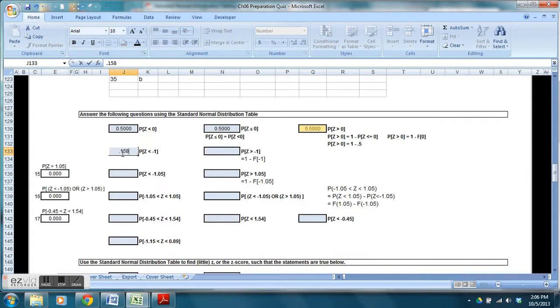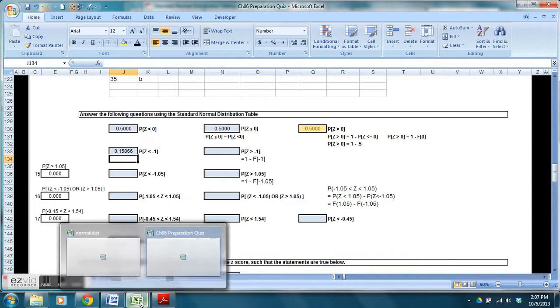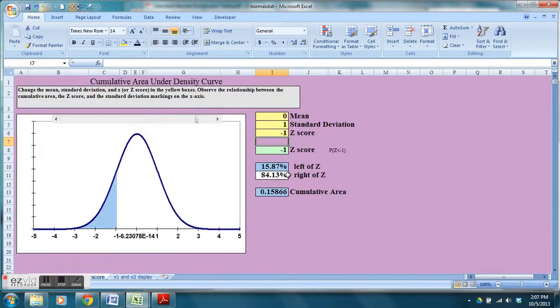That's what the table shows, and we can double check by cheating, looking at this, 15.87, 0.1586. I'm willing to bet it's 6. Yep, there we go. Not a problem. So, moving on.